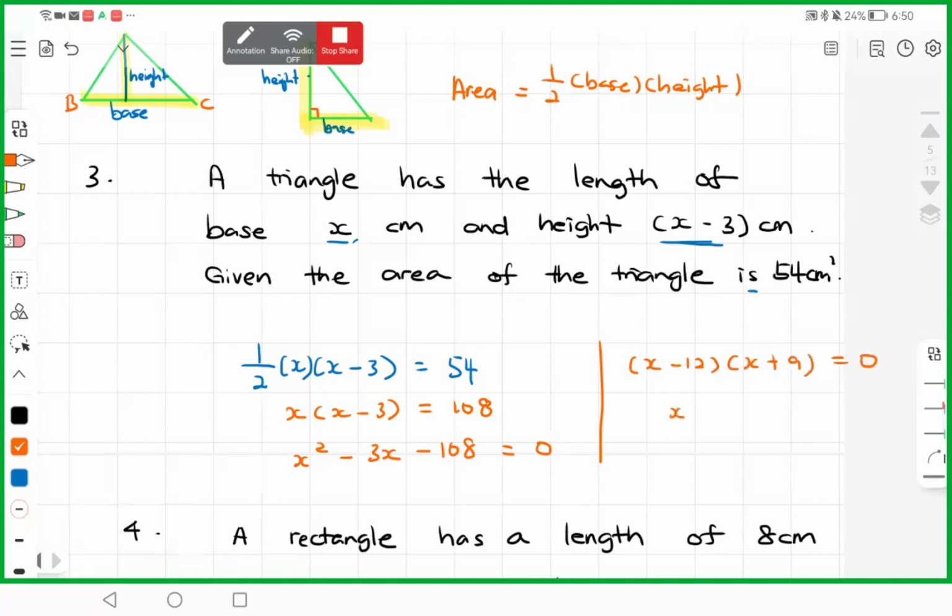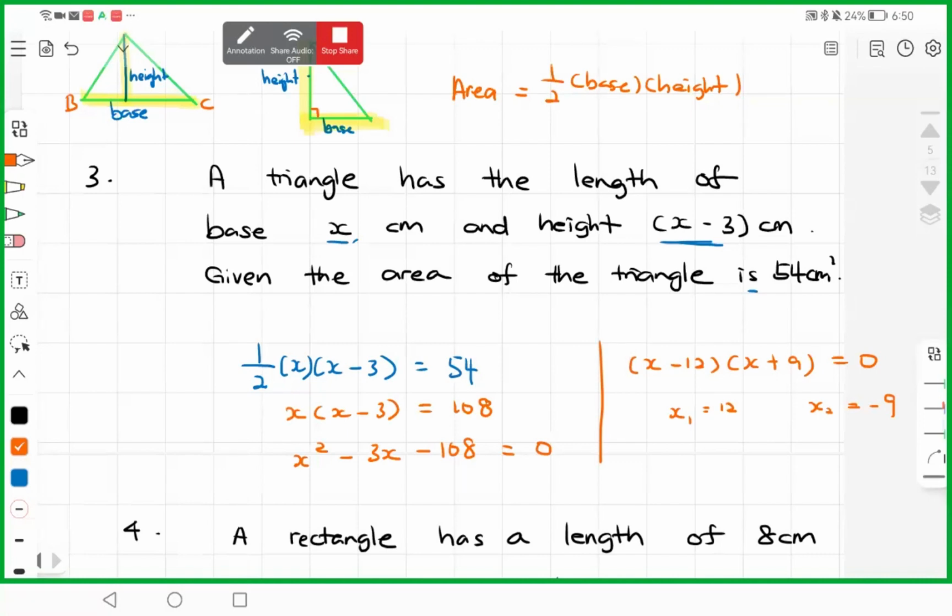Okay, so now a little bit left. We got two answers, right? One is positive 12, another one is negative 9. Now the question is asking us to find the length of the base, x, right? So can x, the length of the triangle, be negative 9 or not?